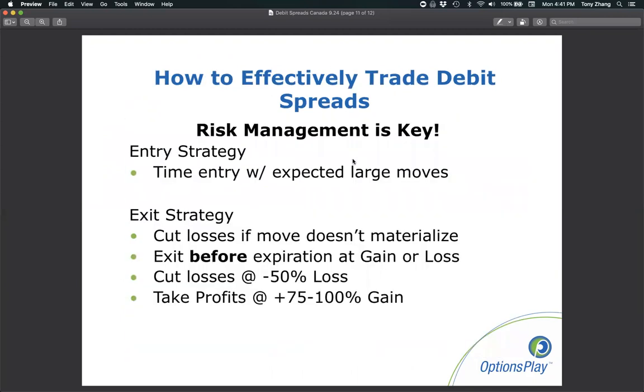So lastly, how do you trade debit spreads effectively? Now, with all types of trading, it doesn't matter whether you're trading options or stocks or futures or currencies, risk management really is key. As a strategist, I've worked with clients over the last 12, 13 years in just about every single asset class, and with just about every possible trading strategy under the sun.